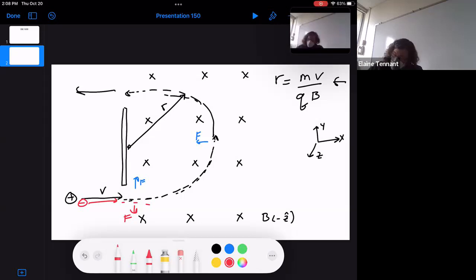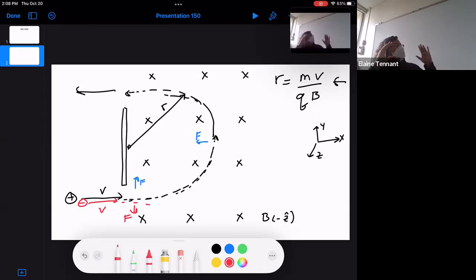If I sent it in at the same speed, so I have the same v there, would it go in an identical but opposite direction circle, or would the circle be a different size? What's different about an electron and a proton besides the sign of its charge? Its mass. An electron is much, much smaller than a proton.